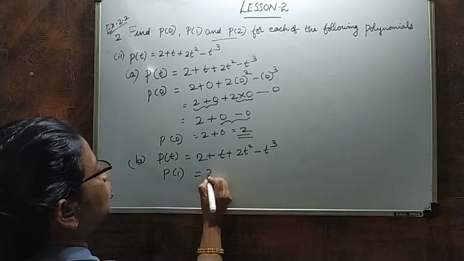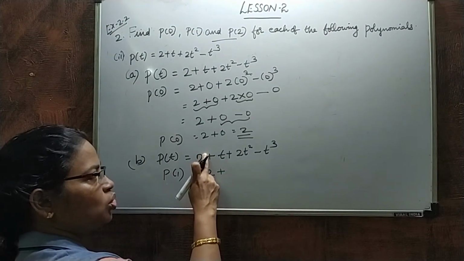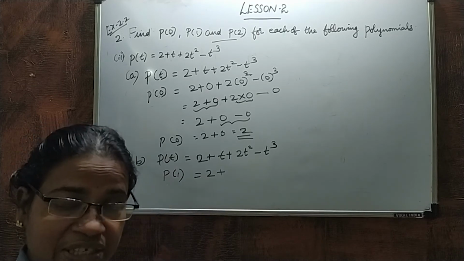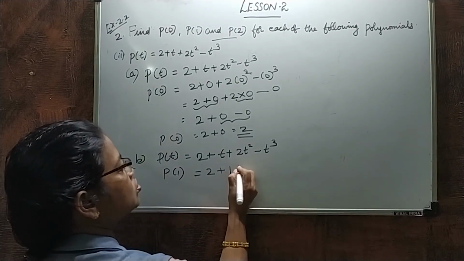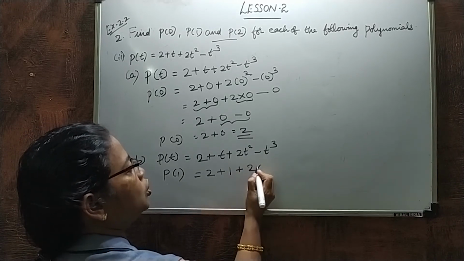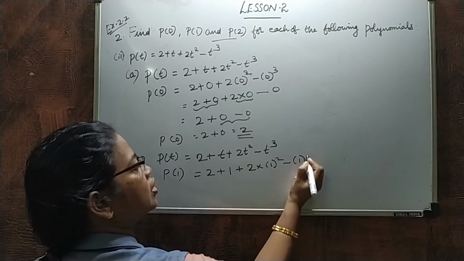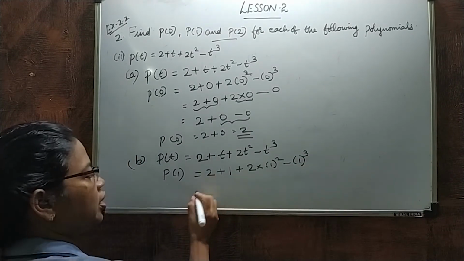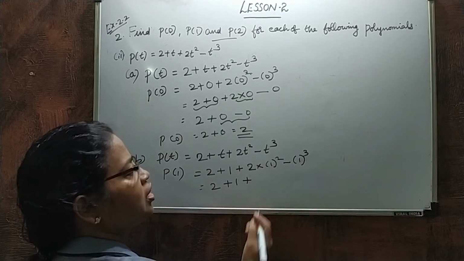It is 2 plus, here I have taken 2 itself because here there is no t. Where there is t only I have to substitute. So P of 1 means it is 1, then 2 into t square, it is 1 square minus 1 cube. Okay, then 2 plus 1 plus 2 into 1 into 1, 1.